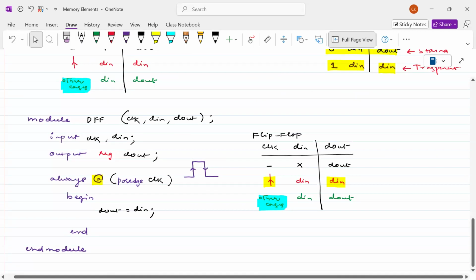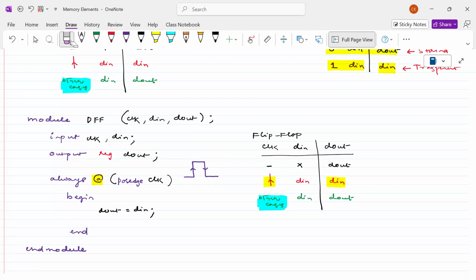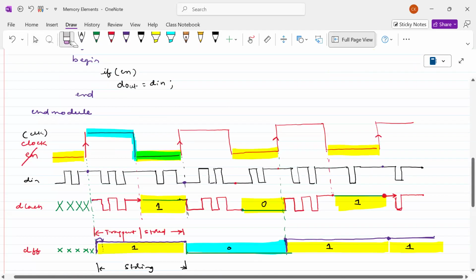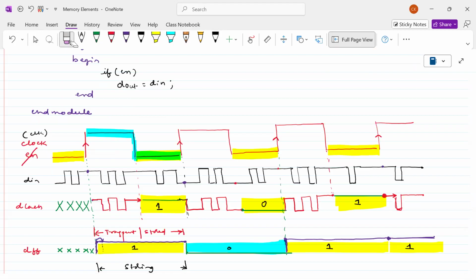First of all, you check whether the positive edge is there or not. According to this particular test scenario, there is no positive edge at this point. That's the reason why it cannot enter into the always block, and that's the reason why it will be unknown. This point is okay.